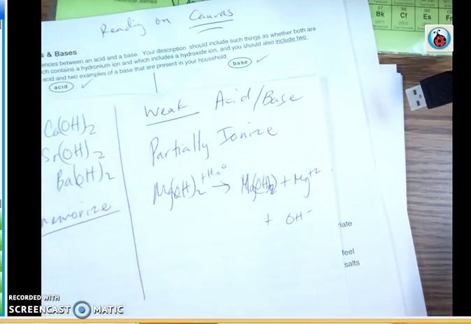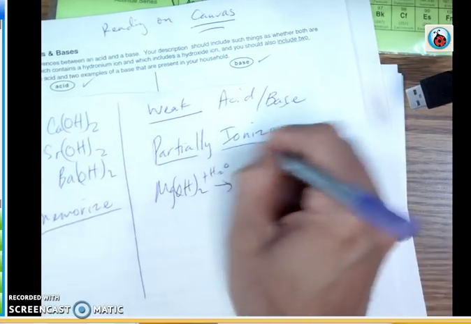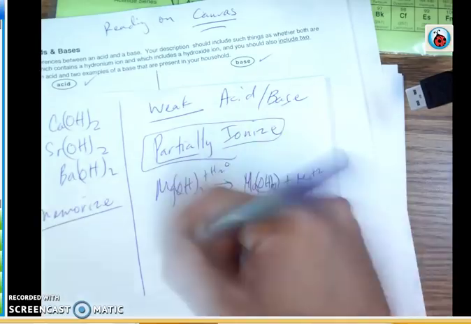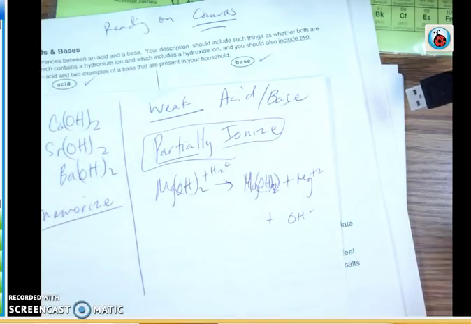When it's mixed in water, not all of it will split up, and that's what it means by partially ionized. They don't ionize completely. We'll go more into what that means.